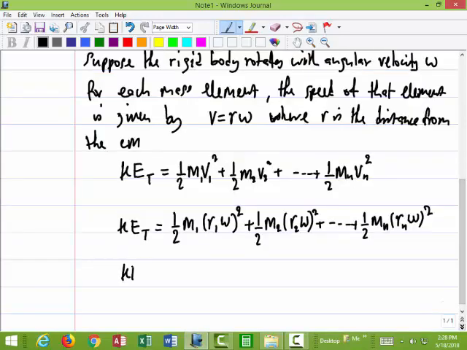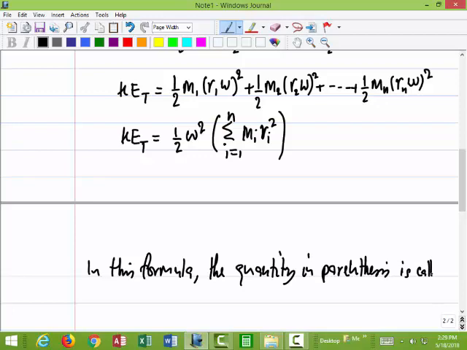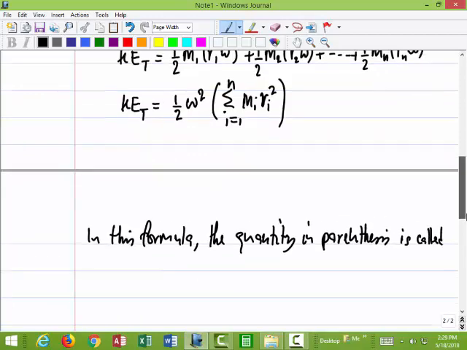So we can now write this in a condensed form as half, let's put omega squared here, and then we'll take the sum from 1 to n, mi ri squared, like that. So in this formula, the quantity in parentheses is called the moment of inertia.